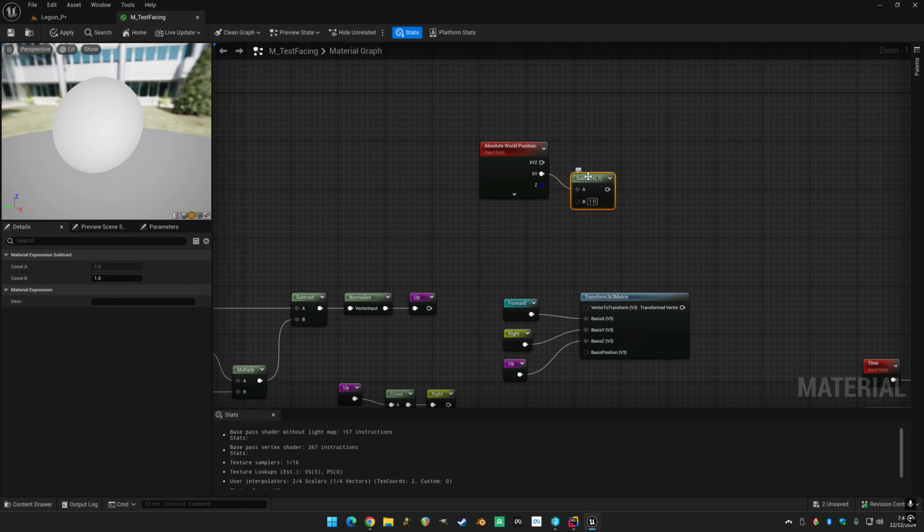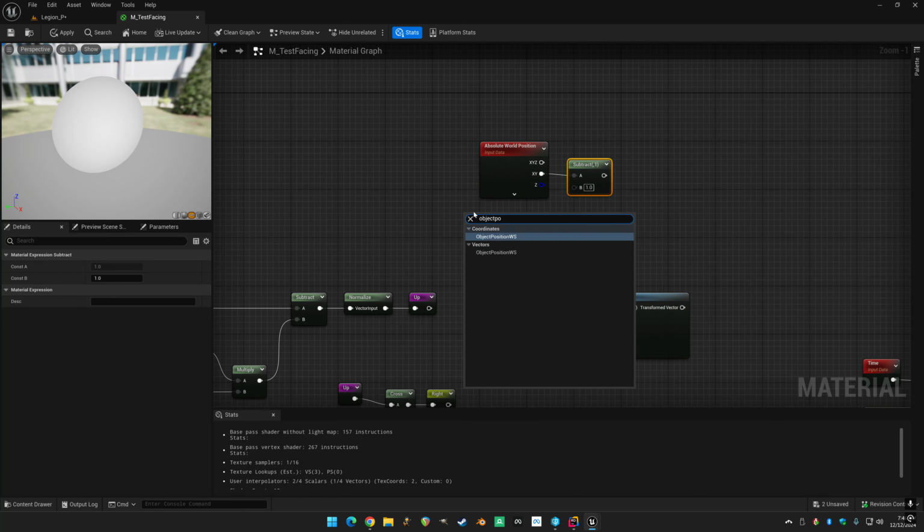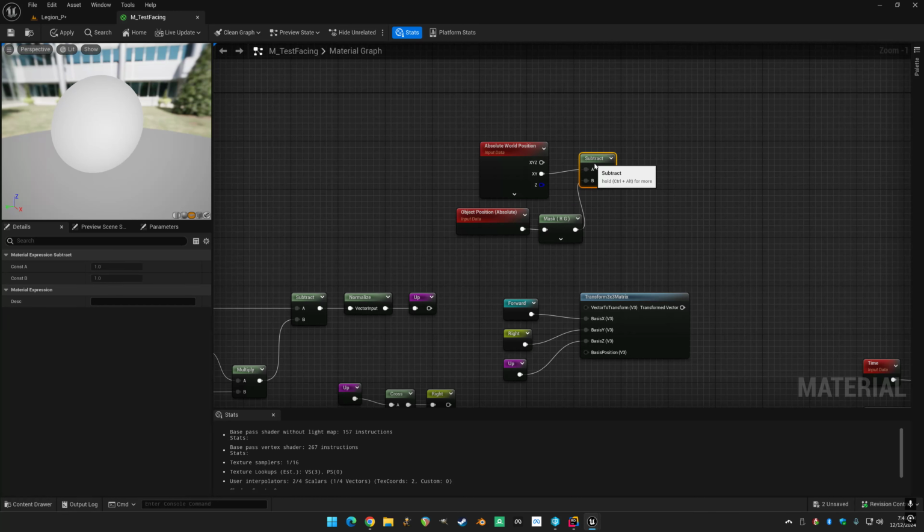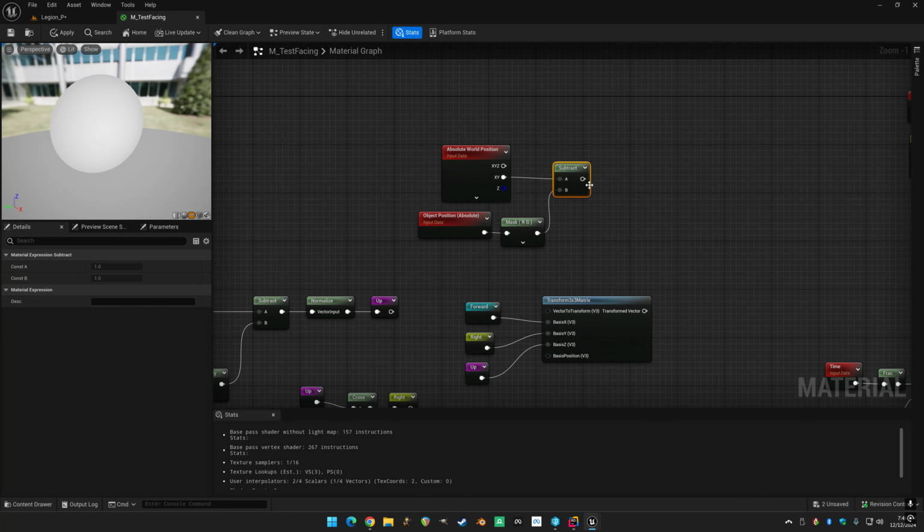So I'm going to subtract the xy location from the object position and xy as well. So we only care about the distance or the vector on the 2D plane, right? Okay, and then we need to append a 0 so that we get a 3D vector.